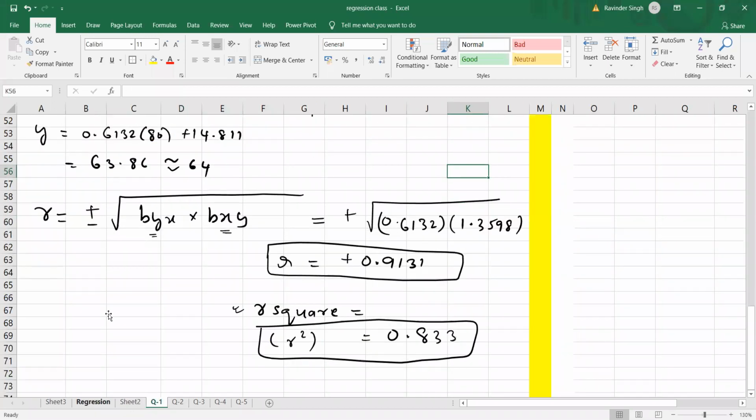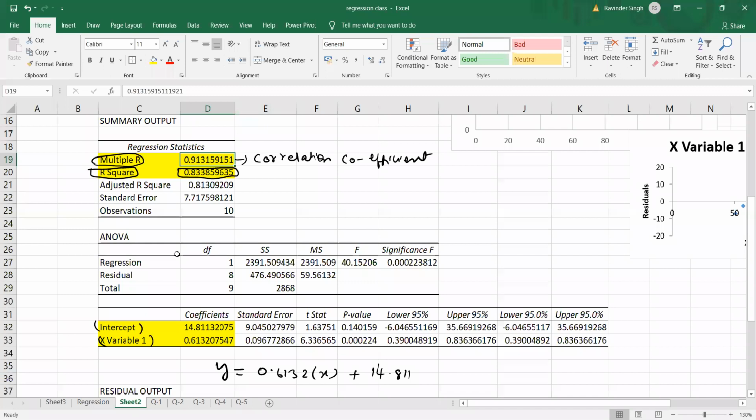What does this R square tell you? R square is nothing but the coefficient of determination. In mathematics, we call this the coefficient of determination.